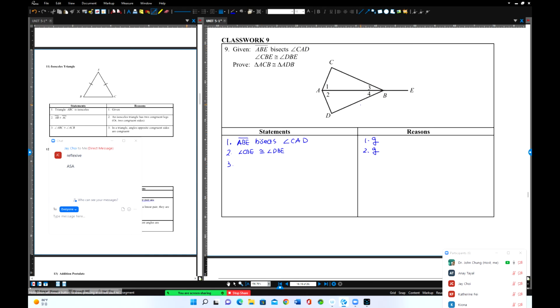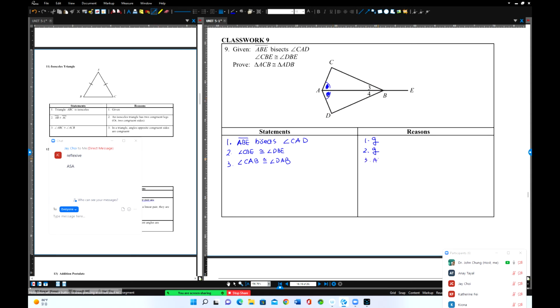It's already angle CAD. We don't need this, okay? Angle CAB is congruent to angle DAB. These two angles are congruent, right?